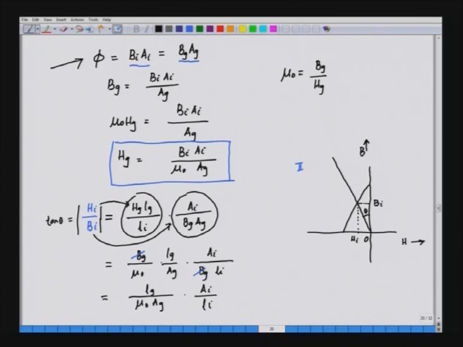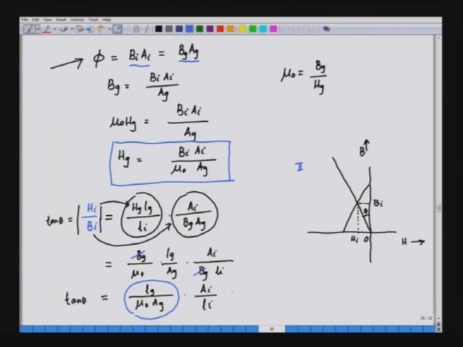Now, what is this? This is basically tan theta. If we see the right hand side of this equation, which is given by this expression Lg by mu naught Ag into Ai by Li, this quantity is basically the reluctance of the air gap.